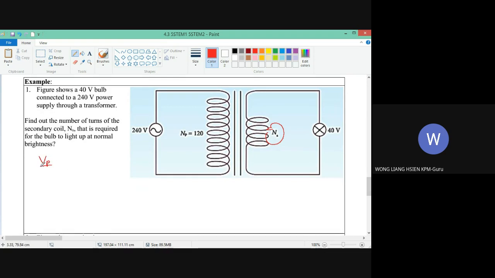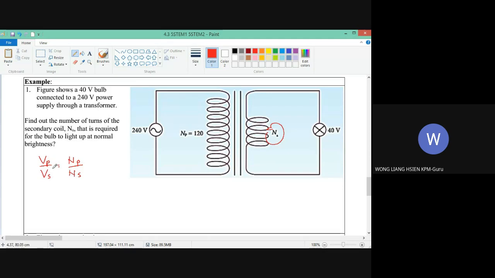Voltage primary over voltage secondary equals number of turns in primary over number of turns in secondary. For your information, there is no rule that says the voltage must be on the left side and the number of turns on the right side, or that the primary must be on top and the secondary at the bottom. It can be any arrangement.